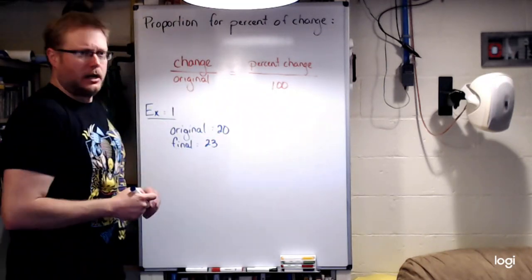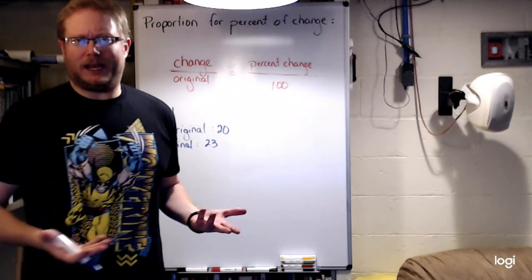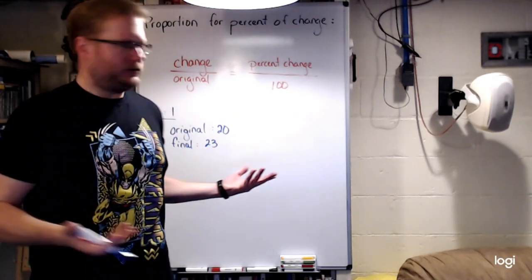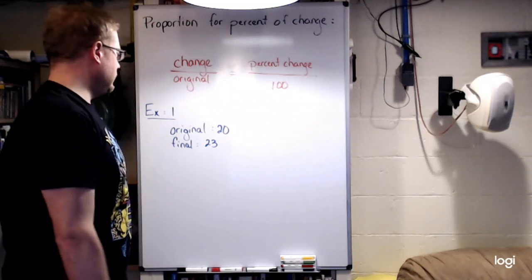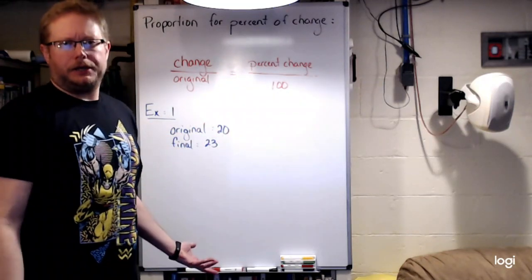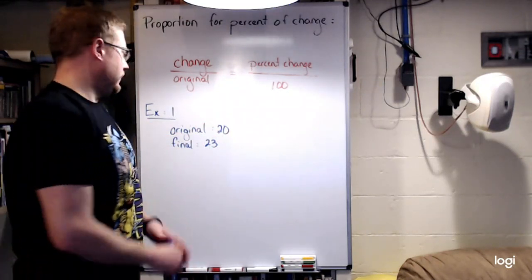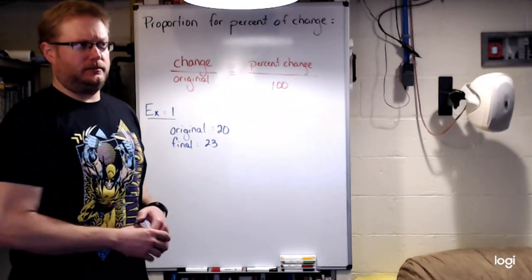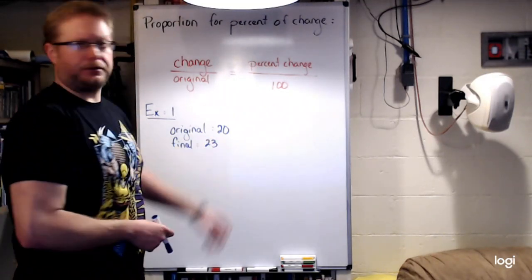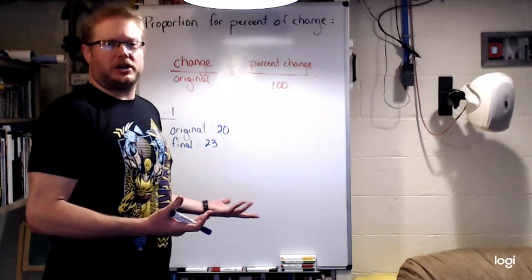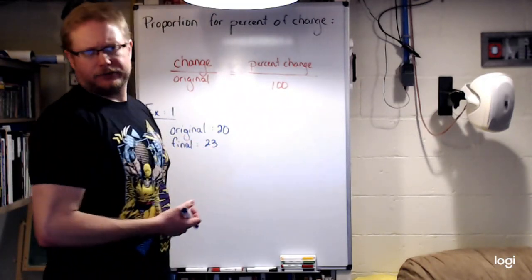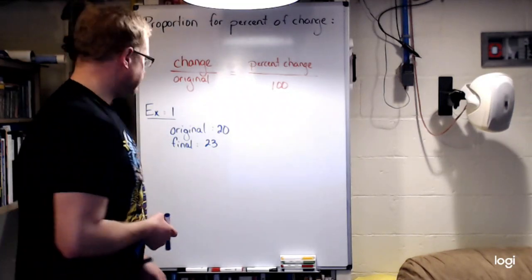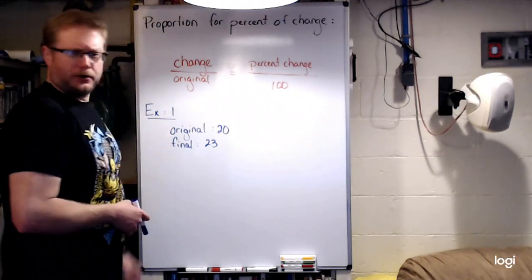It doesn't give me an actual real life situation, but let's say originally you went to a restaurant and your bill was $20. Well, at the last minute, your buddy bought a drink and they tacked on another $3. What percent of change was it? How much percentage did it go up by when he added the extra drink? Maybe something like that.